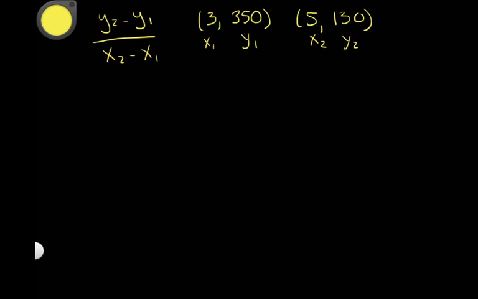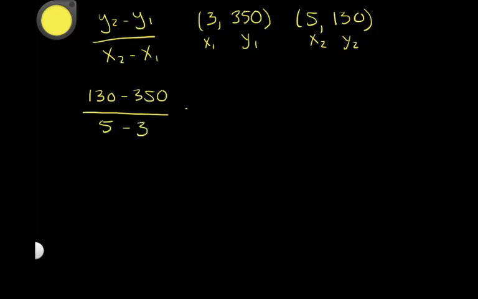So what I want to do first is find the slope. I'm going to plug them into this formula here. So that gives me 130 minus 350, y2 minus y1 over my x2, which is 5, minus my x1, which is 3.